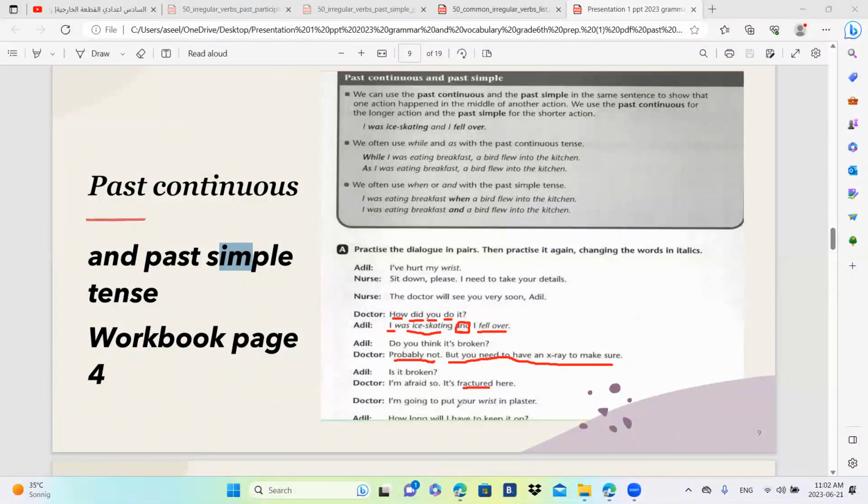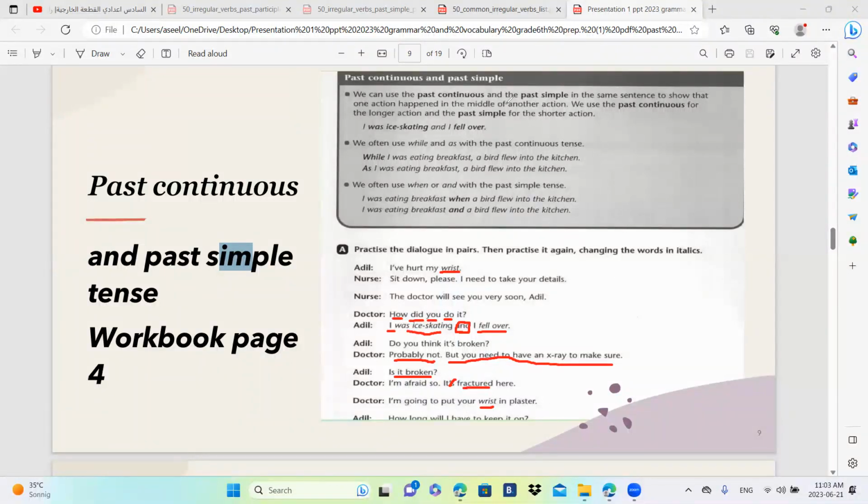Okay, I'm going to put your wrist in plaster. Or you can say, I'm going to put a plaster on your wrist.